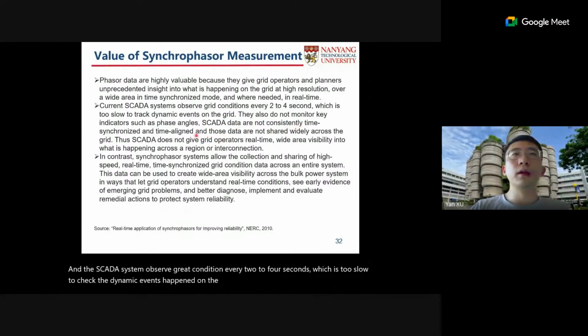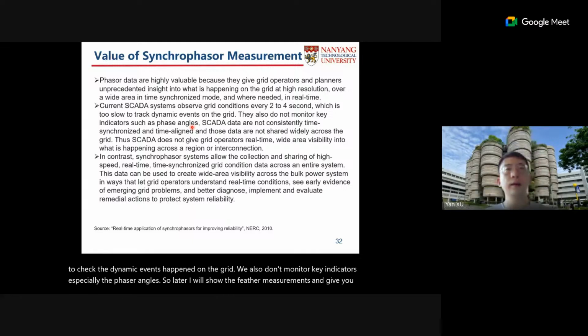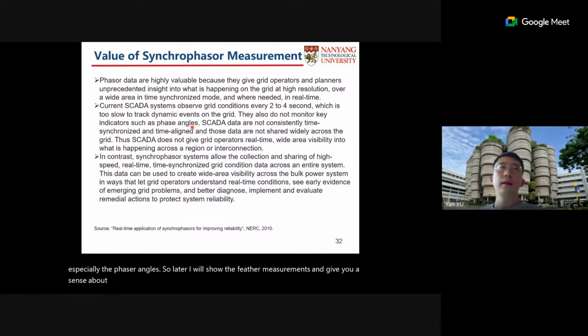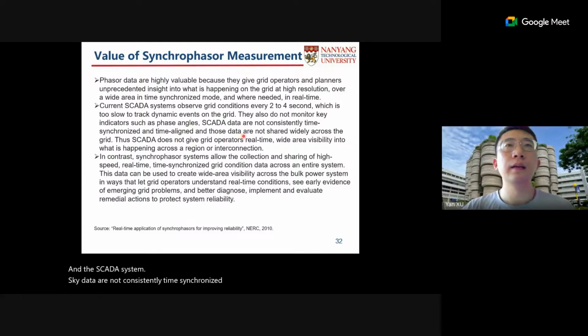We also don't monitor key indicators, especially the phasor angles. Later I will show the phasor measurements and give you a sense of how these phasors can indicate the system dynamics. SCADA data are not consistently time synchronized and time aligned, and those data are not shared widely across the grid.